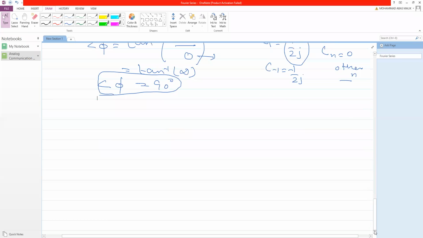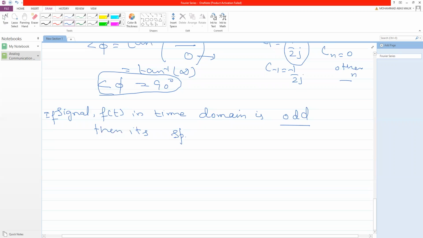Okay. So what do you conclude from here? If any signal f of t in the time domain is odd, then its spectrum, that means its Fourier series, will be purely imaginary and odd.